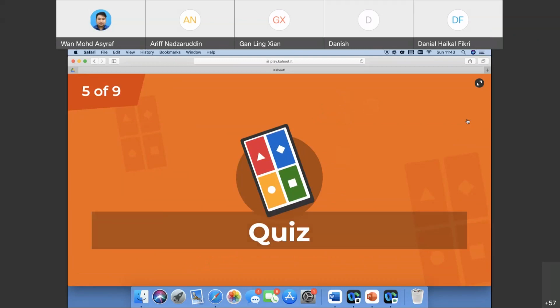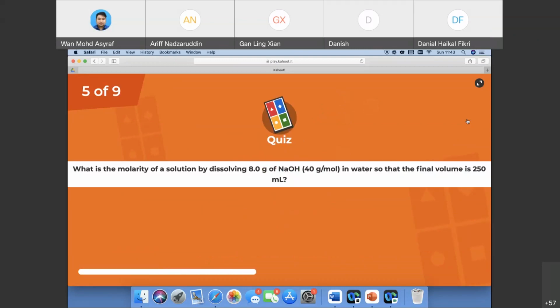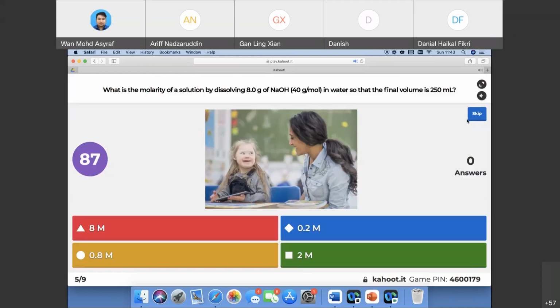Okay, so next question. Another is the molarity by dissolving 8 gram of sodium hydroxide in water so that the final volume is 250 mil.